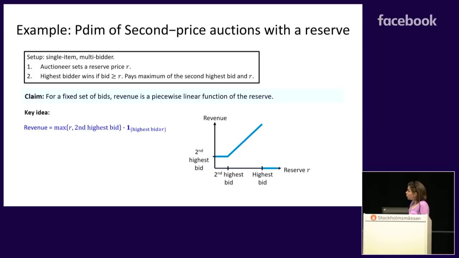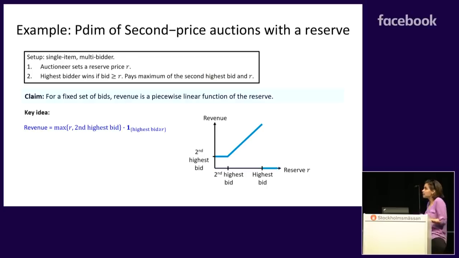When the reserve price is in between the second highest bid and the highest bid, the highest bidder still wins, but he pays the reserve price. That's why the revenue function looks like the identity function in this part of the space. And finally, when the reserve price is greater than the highest bid, then nobody wins and nobody pays anything, so our revenue is 0.